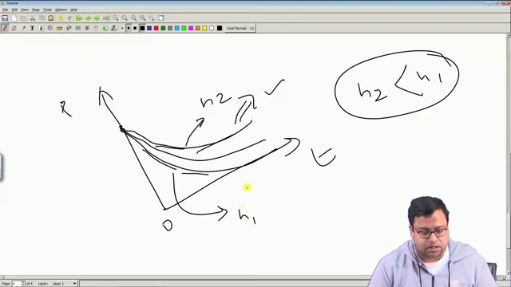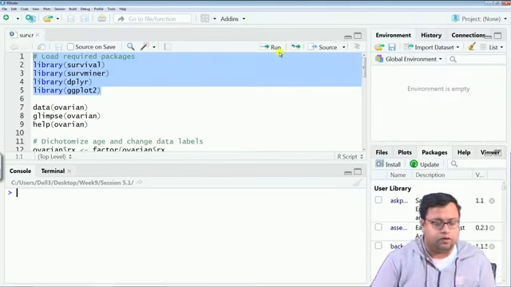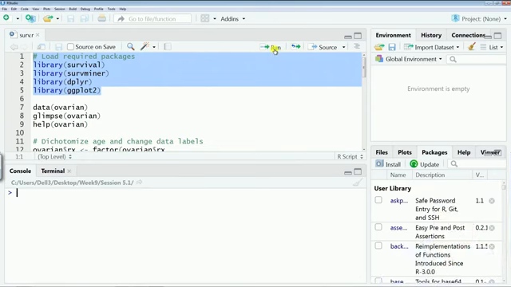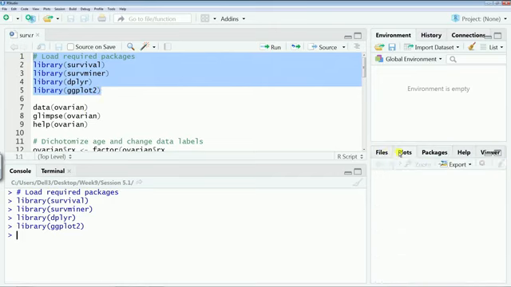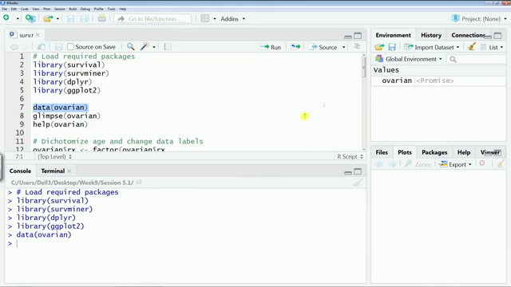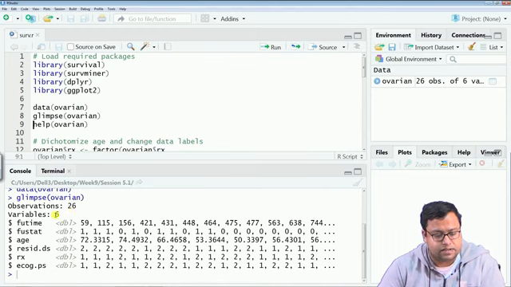But I will just quickly show a study, for which you have to open this surf.r file. There are 4 libraries that I called; you have to install these libraries beforehand if you do not have them. The data that I will be using is the ovarian cancer data, already inbuilt in R. If you want to have a glimpse of this data, it has 26 observations of 6 variables: futime, fustat, age, resid.ds, rx and ecog.